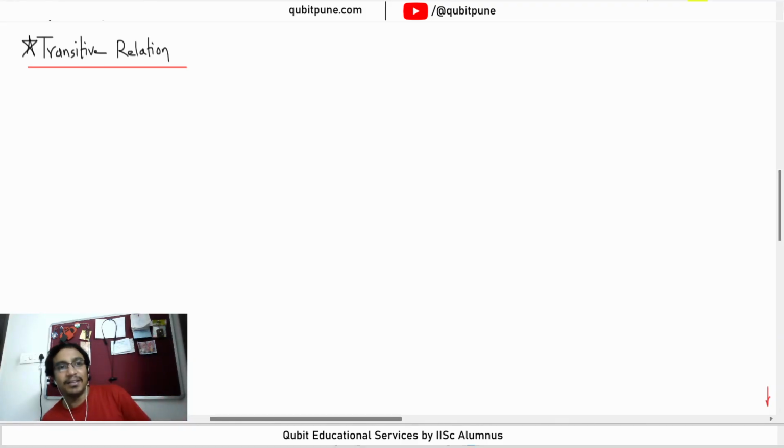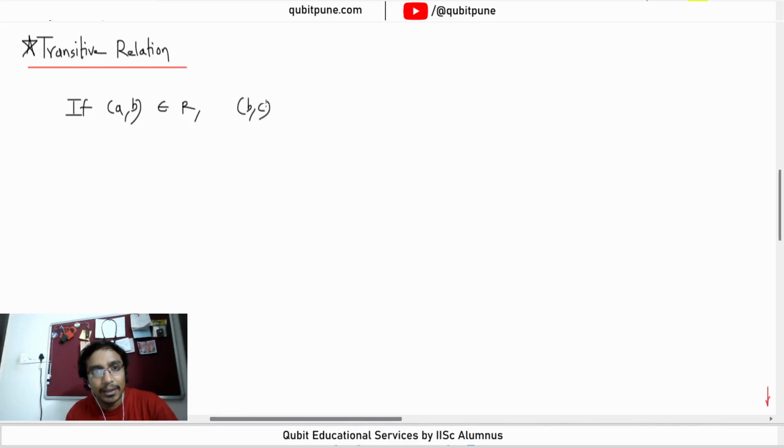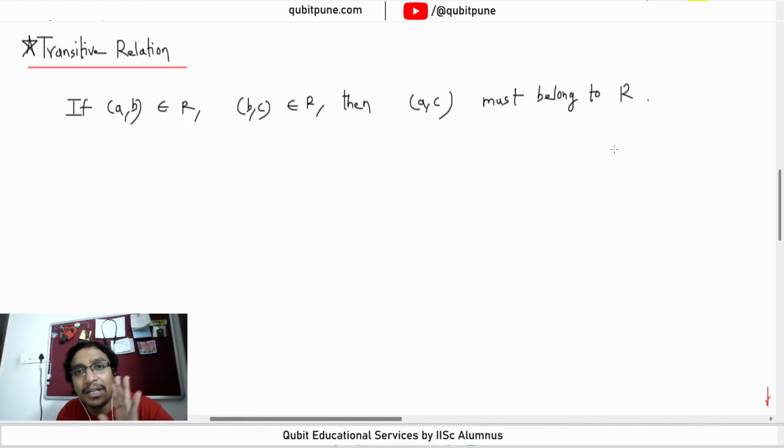Any leads for a transitive relation? Yes. If A, B belongs to R, and so on. Even here there is no requirement that this should hold for all ordered pairs, otherwise it will become a universal relation.